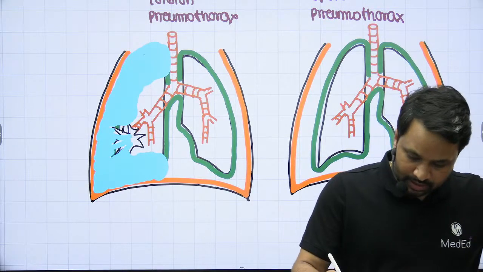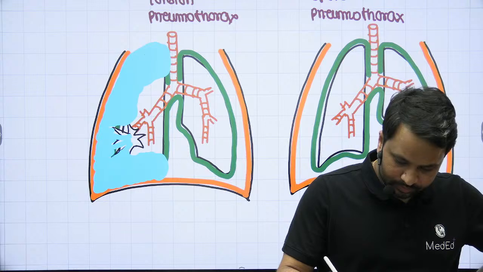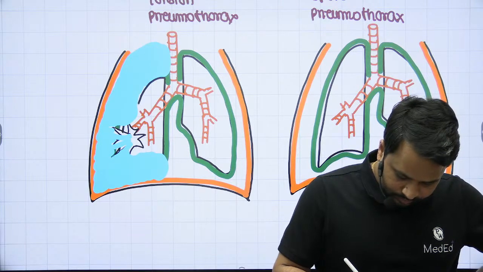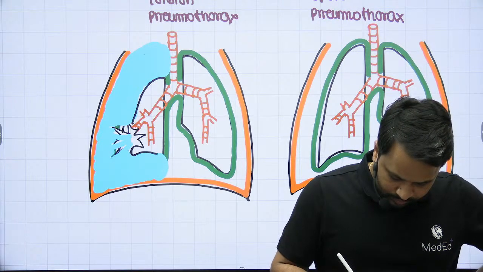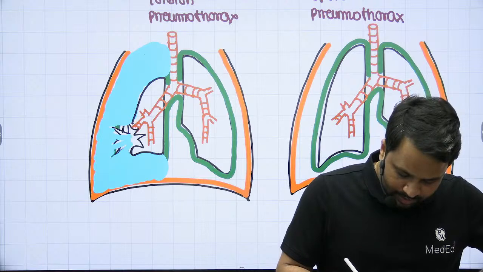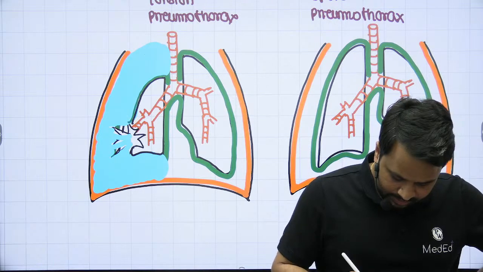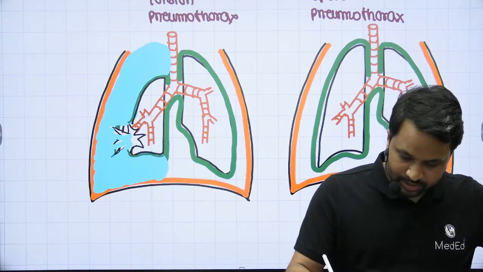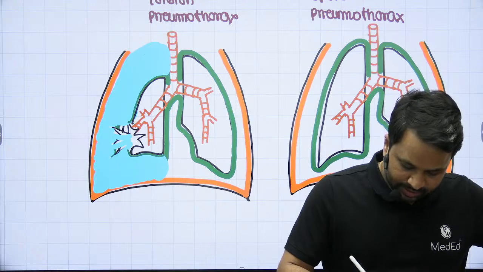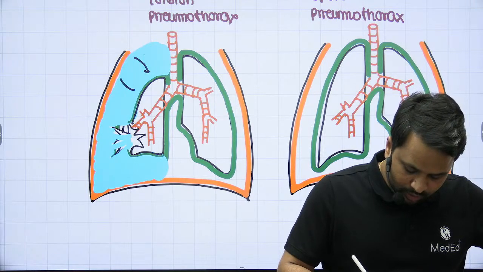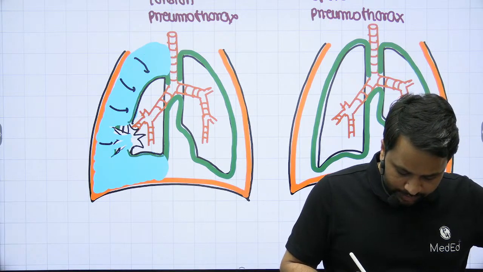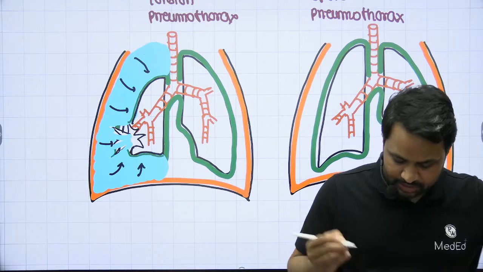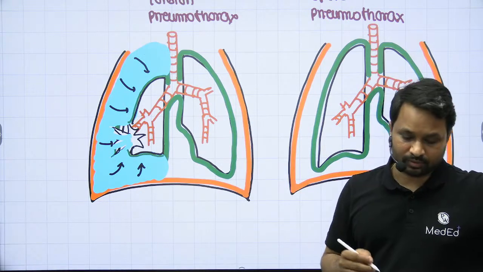As the lung gets compressed, the pleura is also getting compressed. Whatever is accumulated is now exerting pressure onto the lungs, not allowing the lung to expand properly. So obviously they will not get enough air or oxygen.